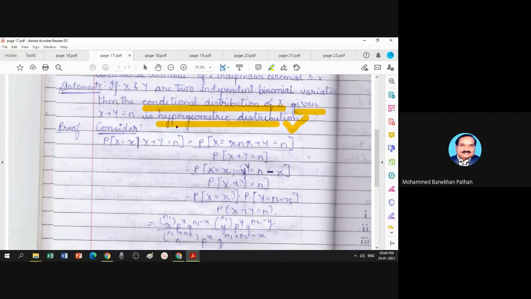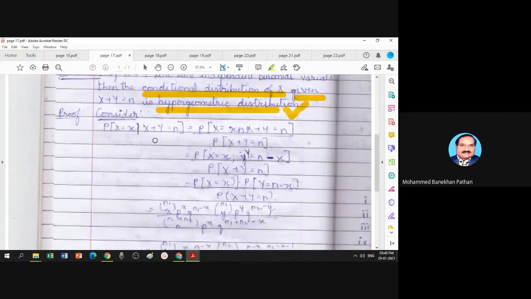Let us see how we get a hypergeometric, which is the last distribution of your syllabus. Now, from the previous chapter, what I taught under probability, conditional probability, probability of A given B is nothing but probability A intersection B divided by probability of B. That is the conditional probability.